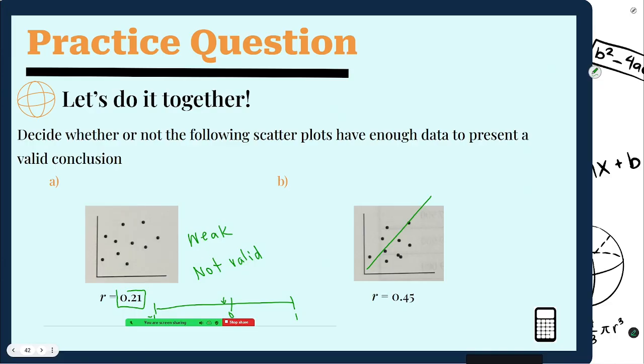The points aren't close to our line of best fit, and the R value says 0.45. So again, on our number line, where 0 is very weak and +1 is very strong, we're not even halfway. At 0.45, I wouldn't consider this a very strong correlation.